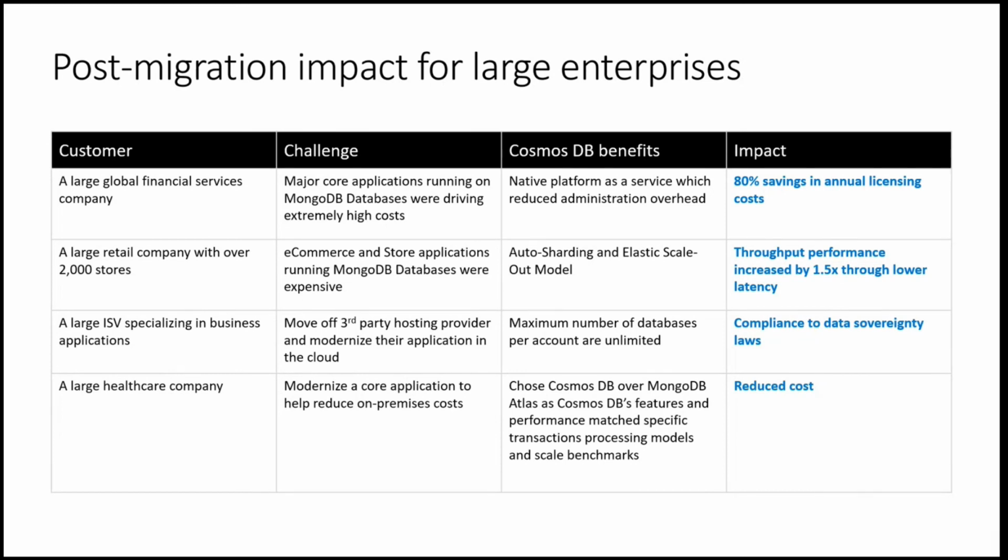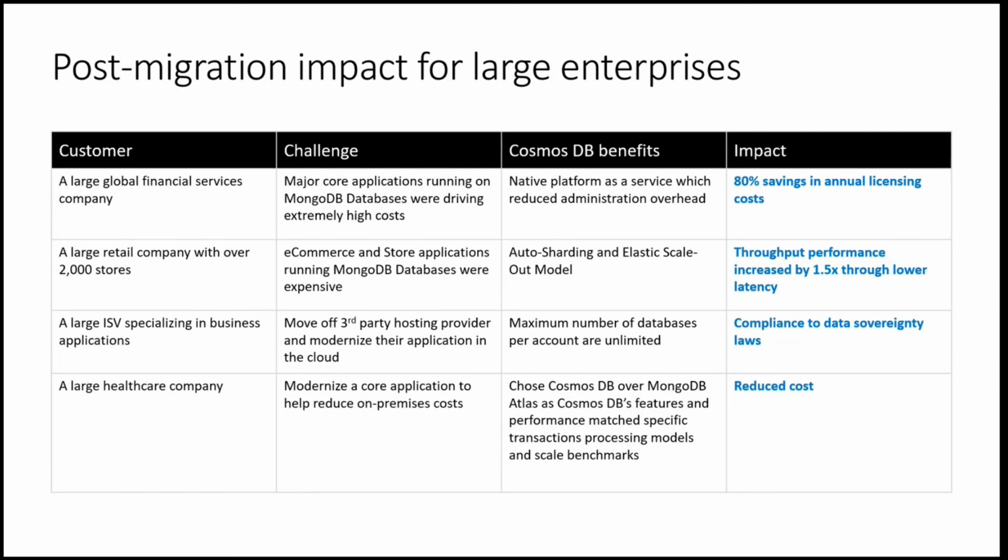The second one is a retail company with over 2,000 stores across the globe. These were e-commerce and store applications running MongoDB databases, and the benefits we brought in were auto sharding and an elastic scale-out model. In this case, the customer increased performance by 1.5 times through lower latency.